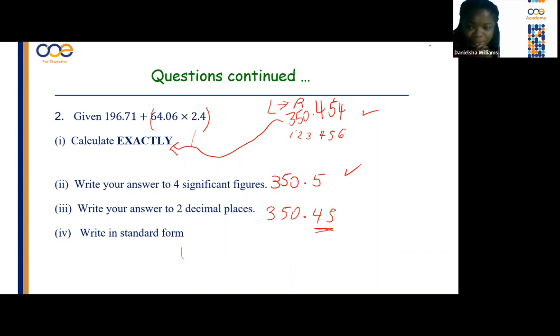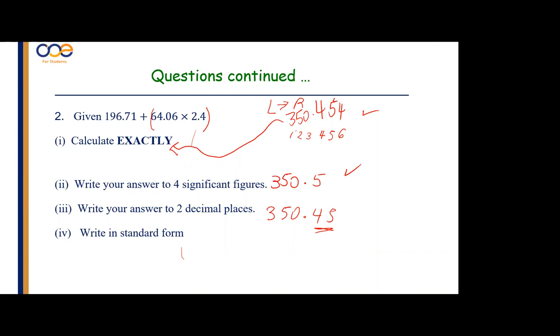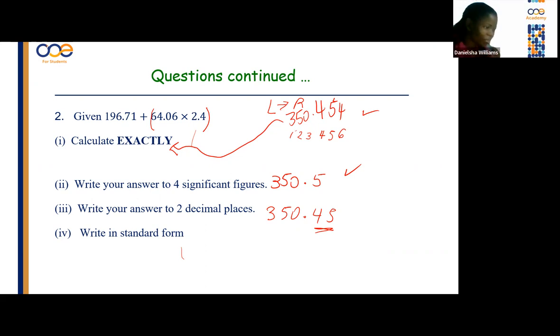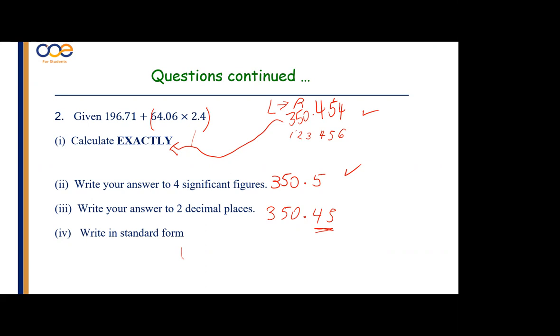Ophelia, yes, miss. I haven't heard a response from you for this question. So can you share with us the final one that says in standard form? It's 3.5045 times 10 to the negative second power.